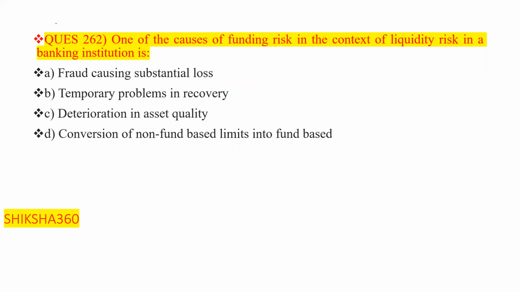Now move to question number 262. One of the causes of funding risk in the context of liquidity risk in a banking institution is: we know that funding risk is one of the types of liquidity risk.